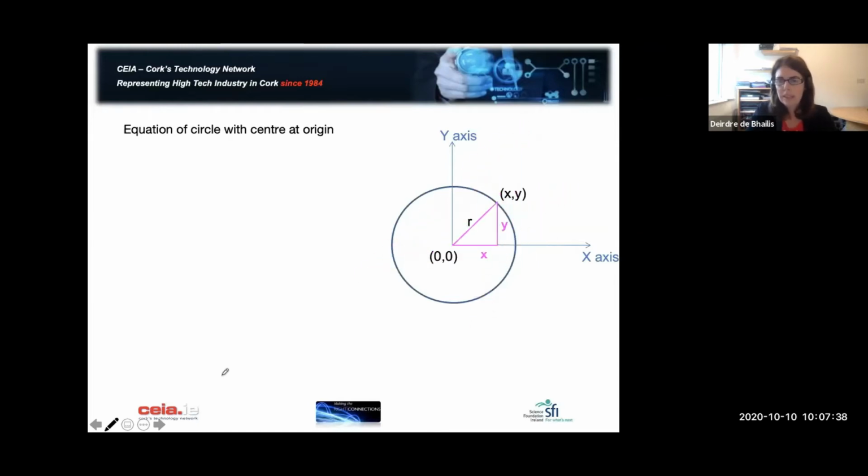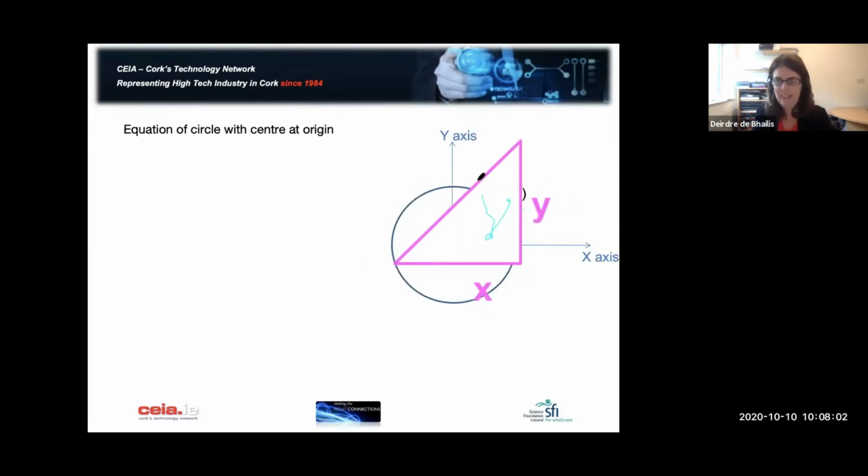Now, what we can see here is we can form a right-angled triangle. In that right-angled triangle, the hypotenuse is equal to the radius. It's the longest side, and it's the one opposite the right angle. And the other two sides are the distance x and the distance y.